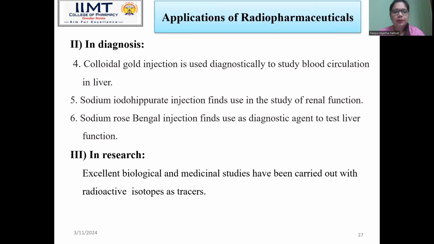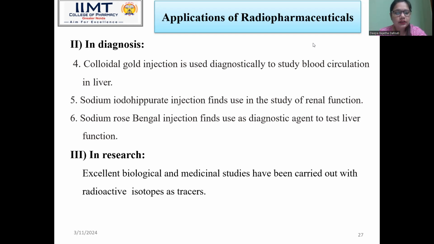In diagnosis, colloidal gold injection is used diagnostically to study blood circulation in the liver. Sodium hydroxyphosphate injection finds use in the study of renal function. Sodium rose bengal injection is used as a diagnostic agent to test liver function.